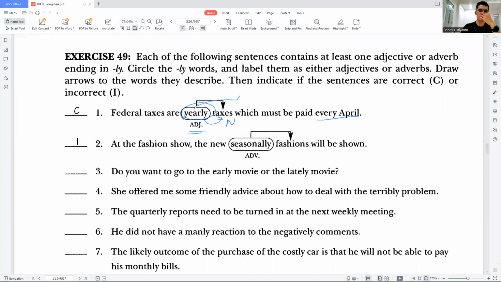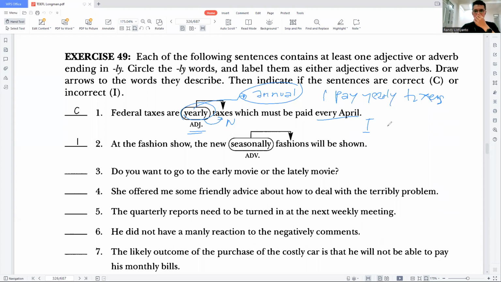Sometimes you might be confused with the word annual. Actually, yearly and annual can be interchangeable, but in some cases we should prefer one over the other. For example, I pay yearly taxes is okay.